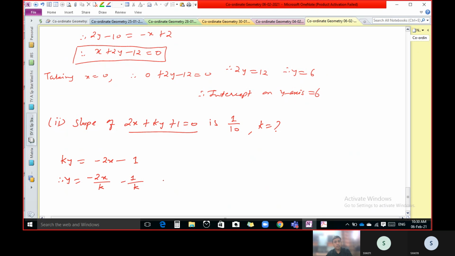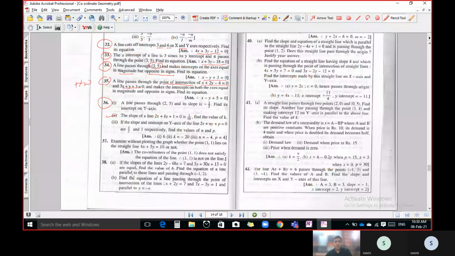Therefore slope is minus 2 upon k, and that is equal to the given 1 upon 10. So cross multiply. Minus 20 is equal to k. So k equal to minus 20. That is the answer. So try to solve this question by yourself.